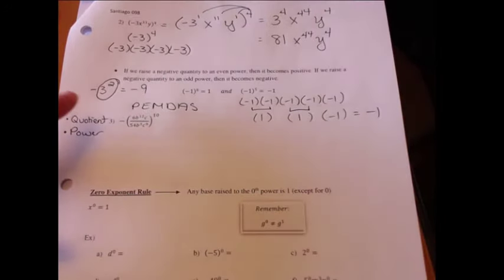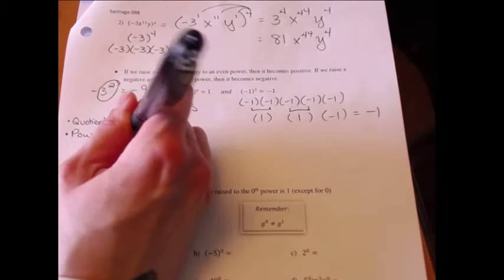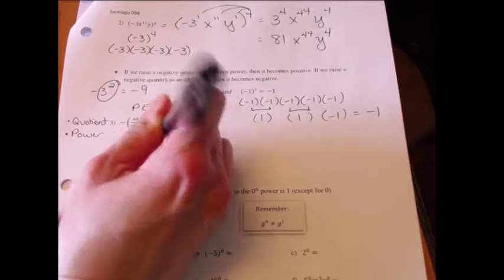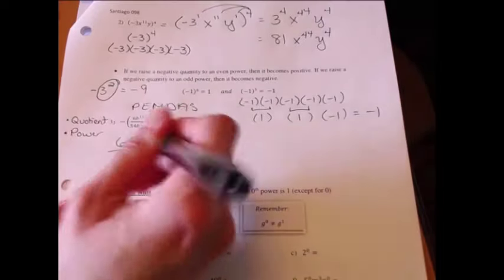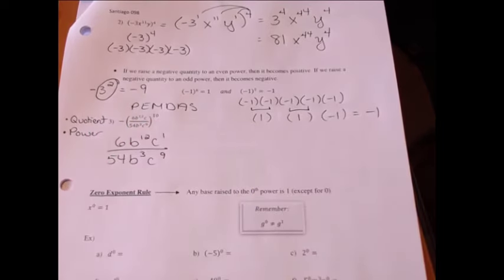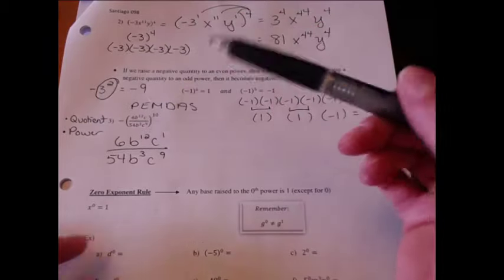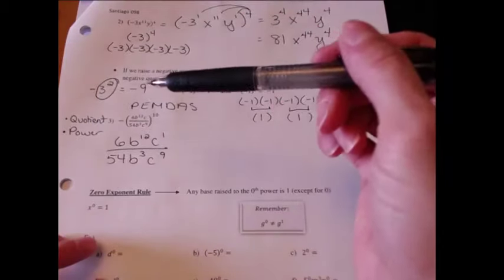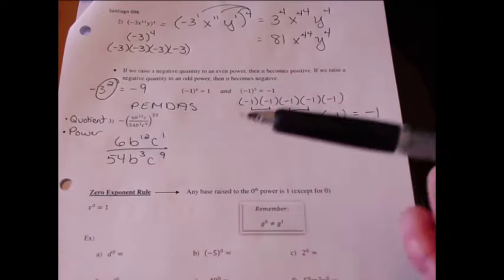And we're going to take care of what's inside the parentheses first. So if we look at just what's inside the set of parentheses, I'm going to rewrite this. We have a 6b to the 12th, c to the 1st, and we have a 54b to the 3rd, c to the 9th. Okay, let's apply the quotient rule here. We'll start with the variable bases. We have a b to the 12th over b to the 3rd.